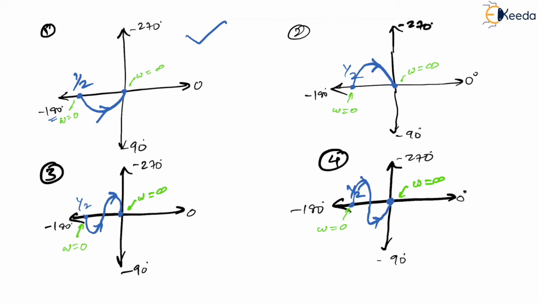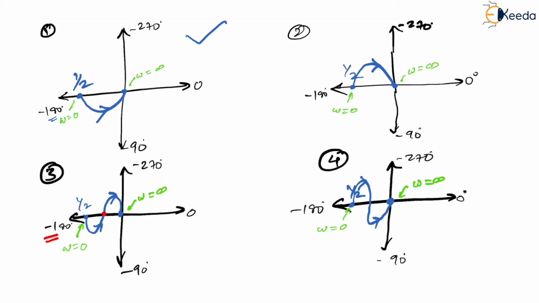So now let us find whether there is any frequency, except omega equal to 0, at which we have the angle to be minus 180 degrees. Let us check that.